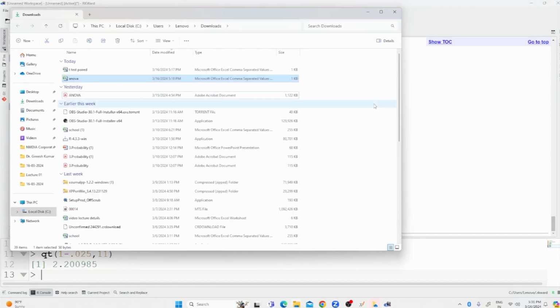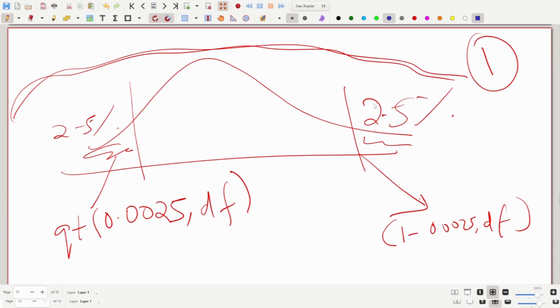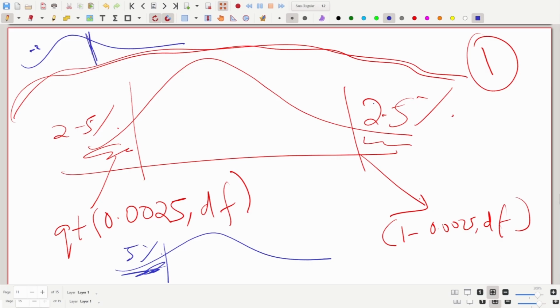So, if it is 95%, and you are testing this side only, then we have only 5%. If you are testing this side to be 5%, then we are getting 95% for the T statistic.